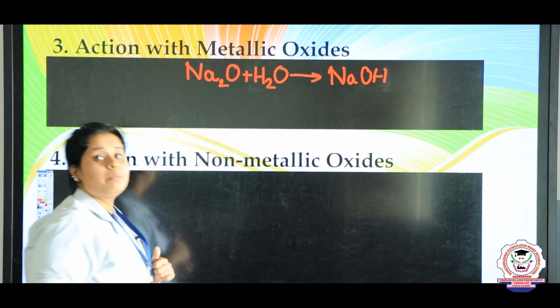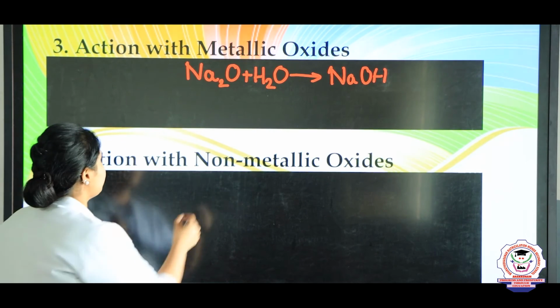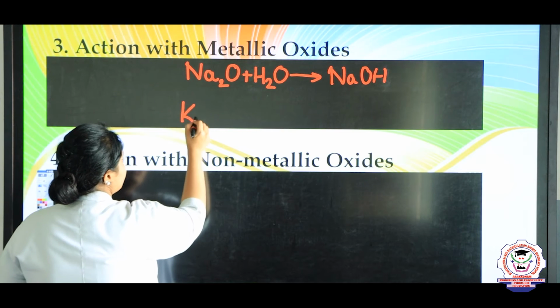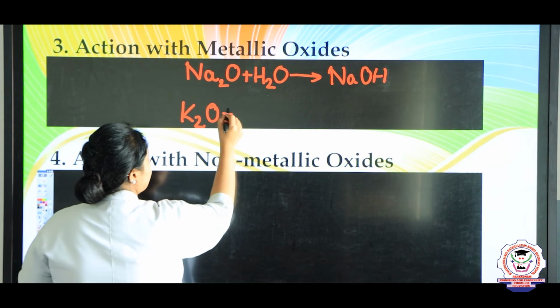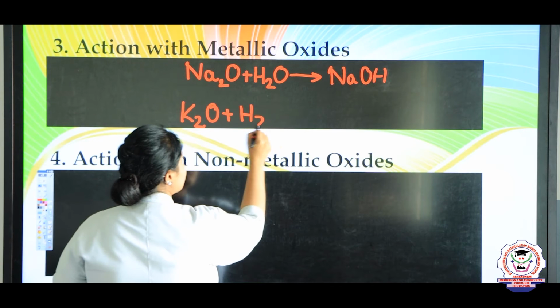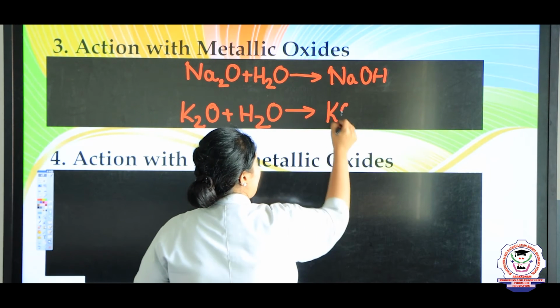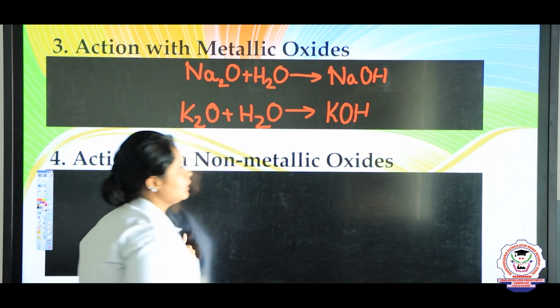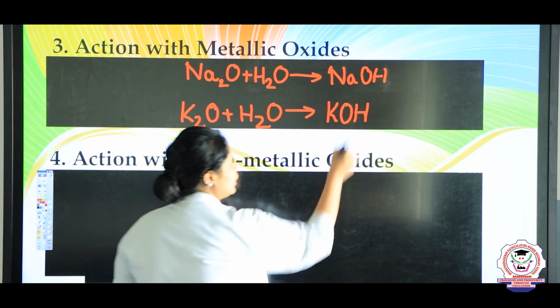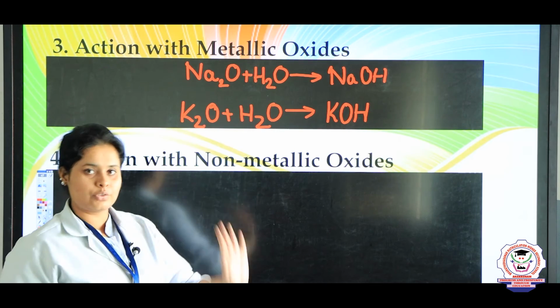Same way, if you are taking potassium oxide, then it will be K2O plus H2O. It will give potassium hydroxide. Okay, this is the way how the reaction will proceed with the liberation of hydrogen gases.